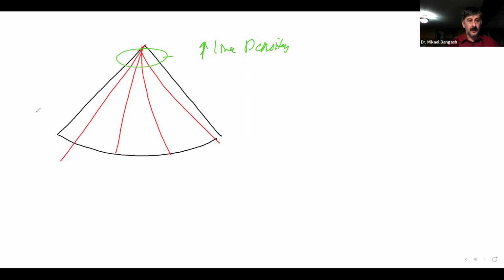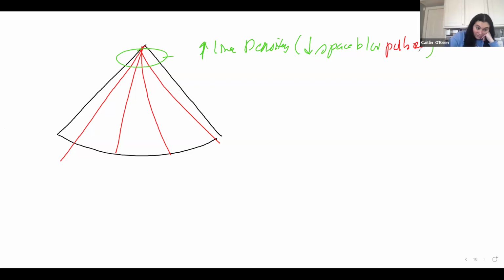Why? Because of lesser space between the pulses, right there.